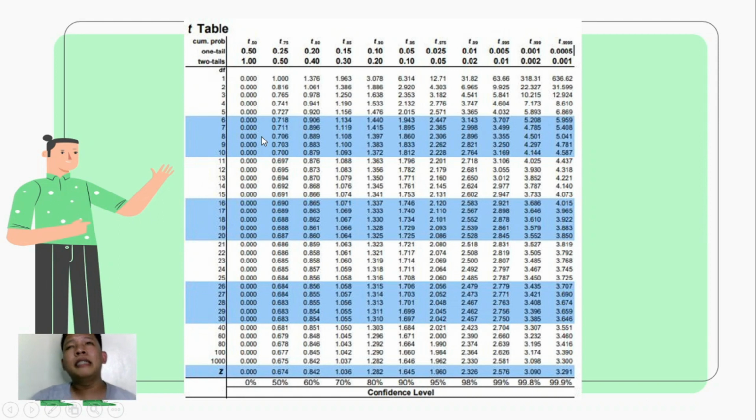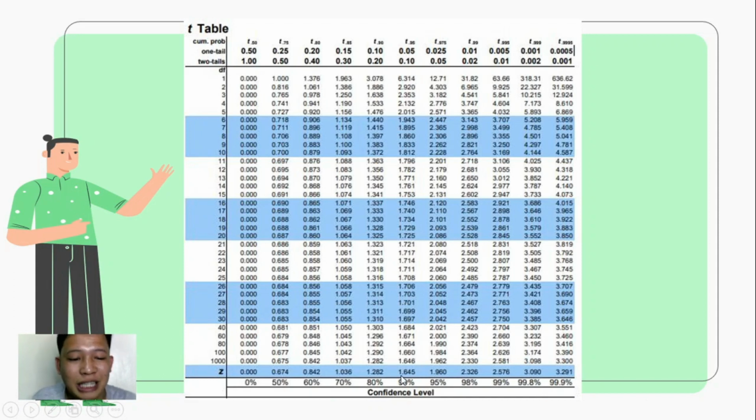Pero, I would encourage you to use this table kasi this table includes t values, t tabular, and so with the z tabular. You say, for example, 5% level of significance ka. So kapag 5% level of significance ka, your z value would be 1.645.